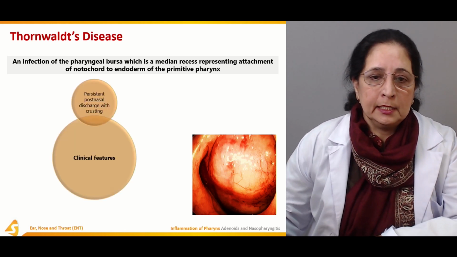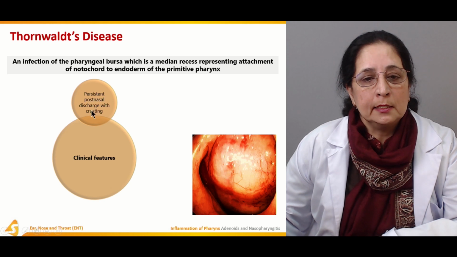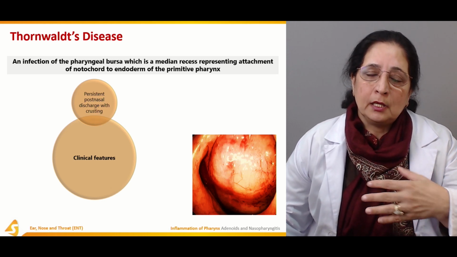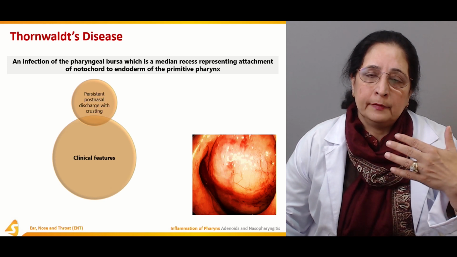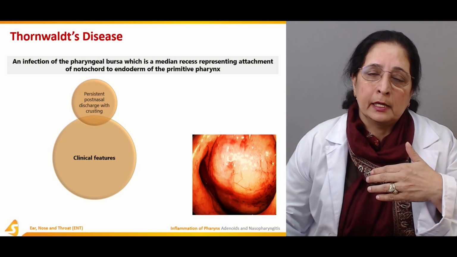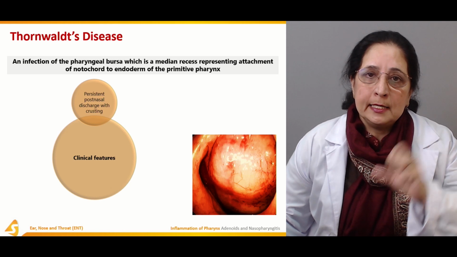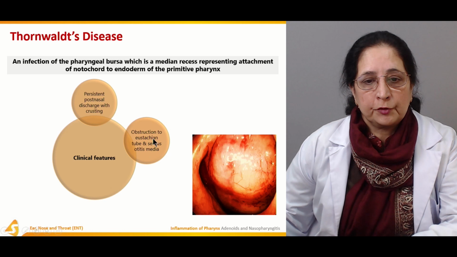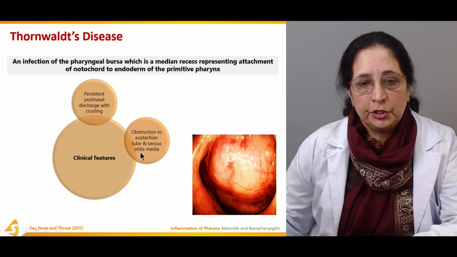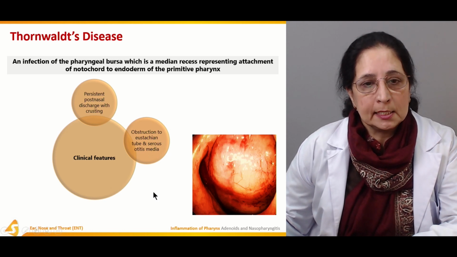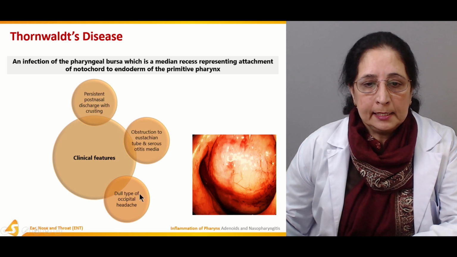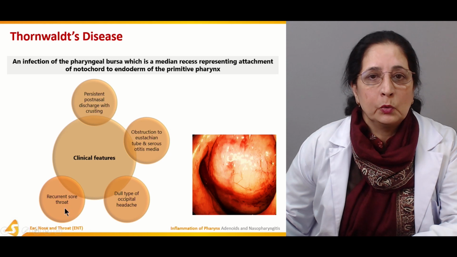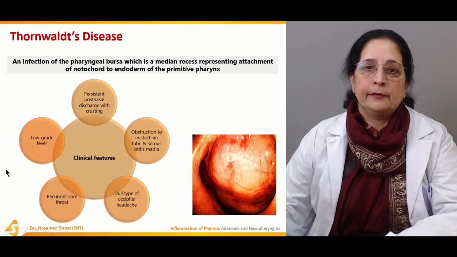Clinical features are persistent post-nasal discharge with crusting, similar to chronic nasopharyngitis. There is obstruction of the eustachian tube and serous otitis media, dull occipital headache, recurrent sore throat, and low-grade fever.